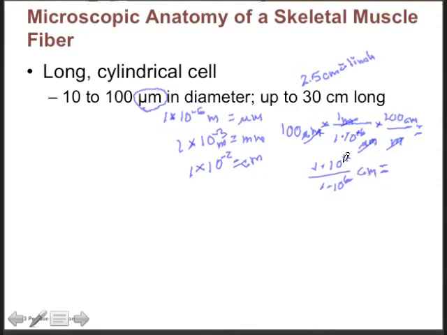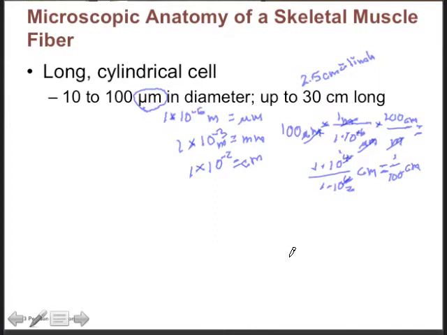Well, you can cancel, and that's 1/100th of a centimeter. That gives you an idea of the diameter. Remember that 2.5 centimeters makes an inch. So you've got some really long but relatively small diameter cells making this up.